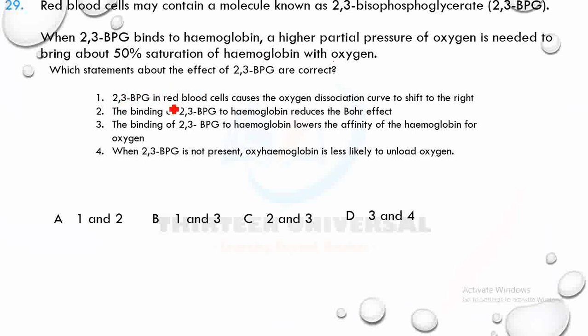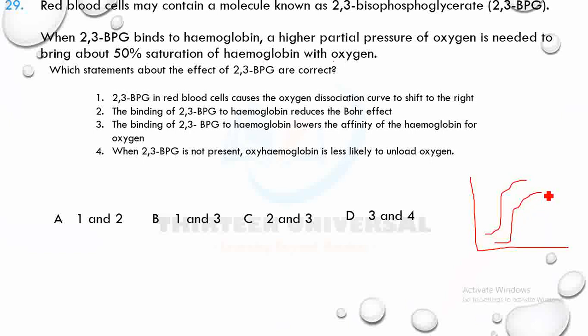It says here, 2,3-BPG in red blood cells causes the oxygen saturation curve to shift to the right. Yes, whatever lowers the affinity of hemoglobin for oxygen will cause the graph to shift to the right. Remember, this is the normal graph. If it shifts to the right, that means you're going to have less affinity.